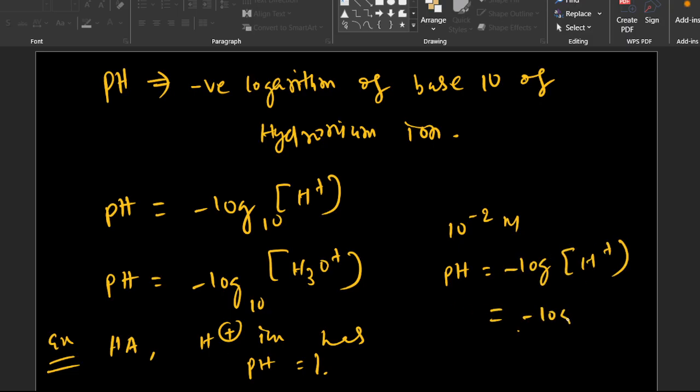So minus log 10 raised to minus 2 molar. So pH equal to 2.